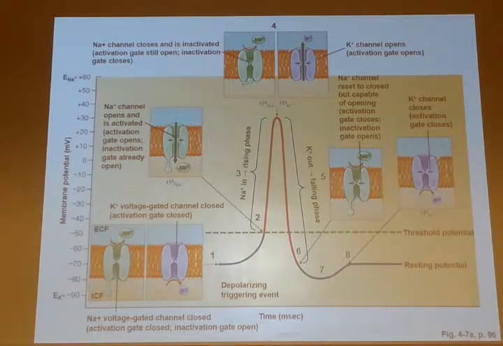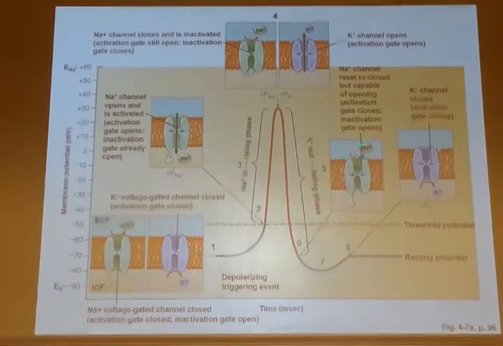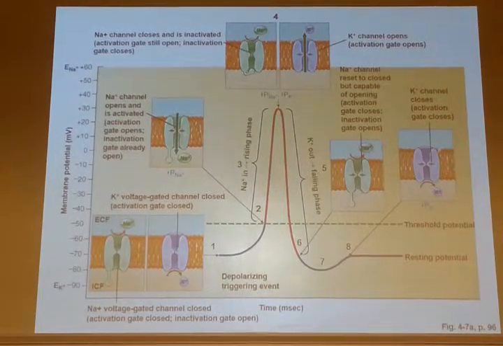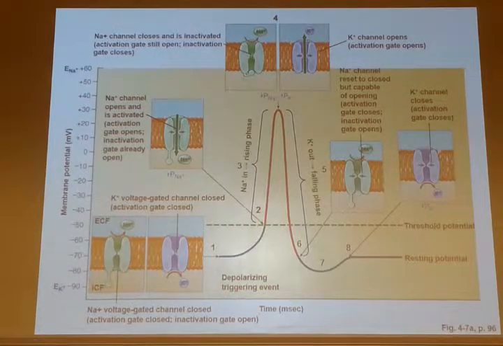It will be attracted to the negative charge. As the positive charges accumulate outside due to the sodium potassium ATPase and potassium voltage gated channels, this part of the protein is repelled out of the channel. And there will be charge-charge interactions that will close the activation gate.